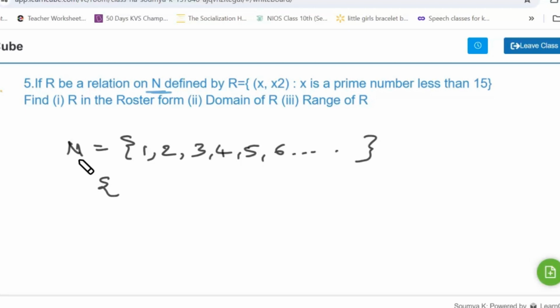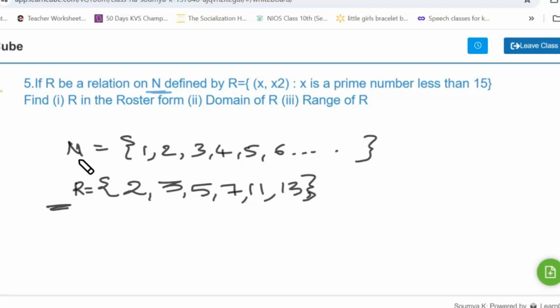So the relation should have prime numbers. So 2, then comes 3, 5, 7, 11, 13, not 15 because it has to be less than 15. So these are the elements in your relation.